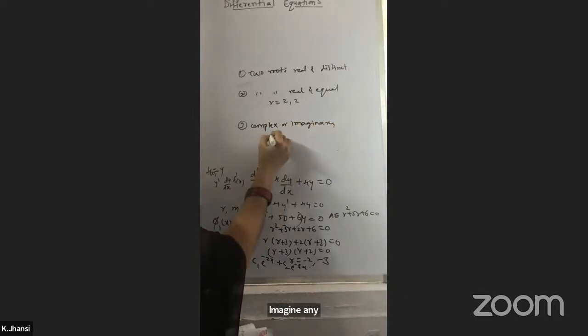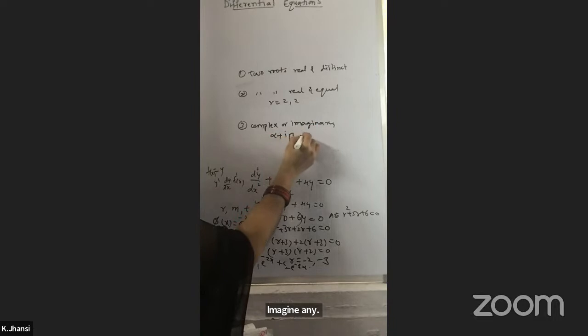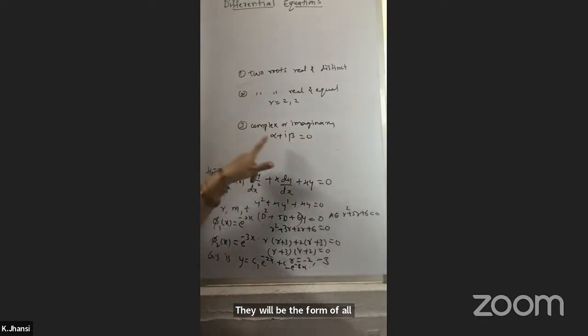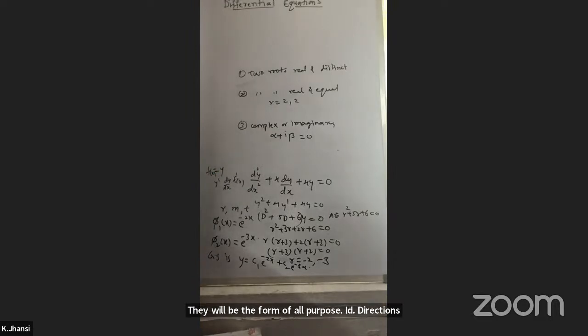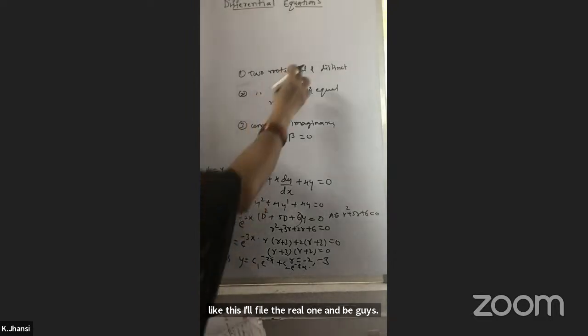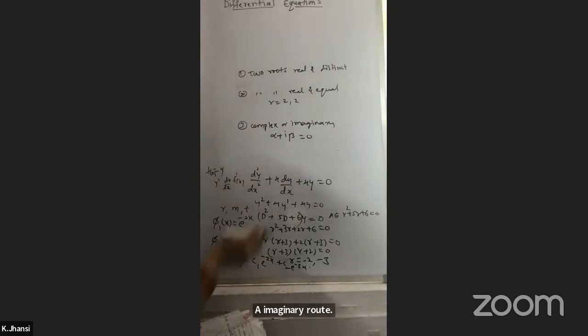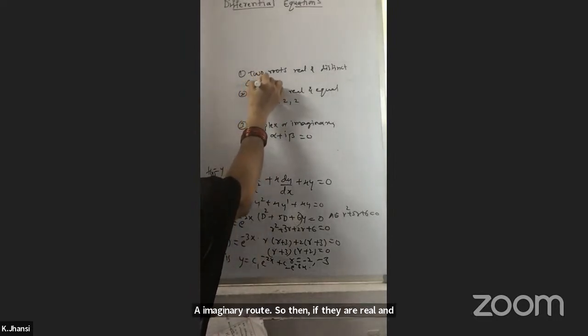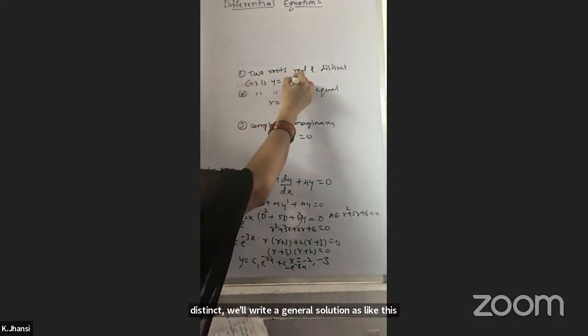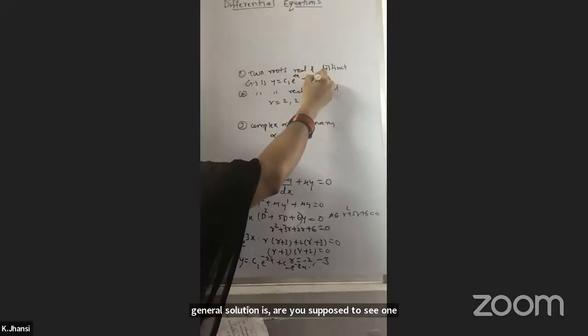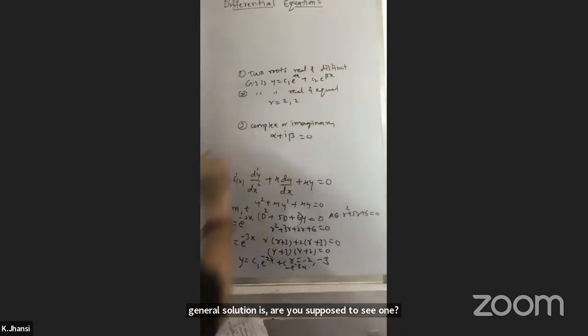They will be in the form of alpha plus i beta equals to 0. Alpha is the real part and beta is the imaginary part. So if they are real and distinct, we'll write the general solution like this: y equals c1 e to the power of r x plus c2 e to the power of beta x.